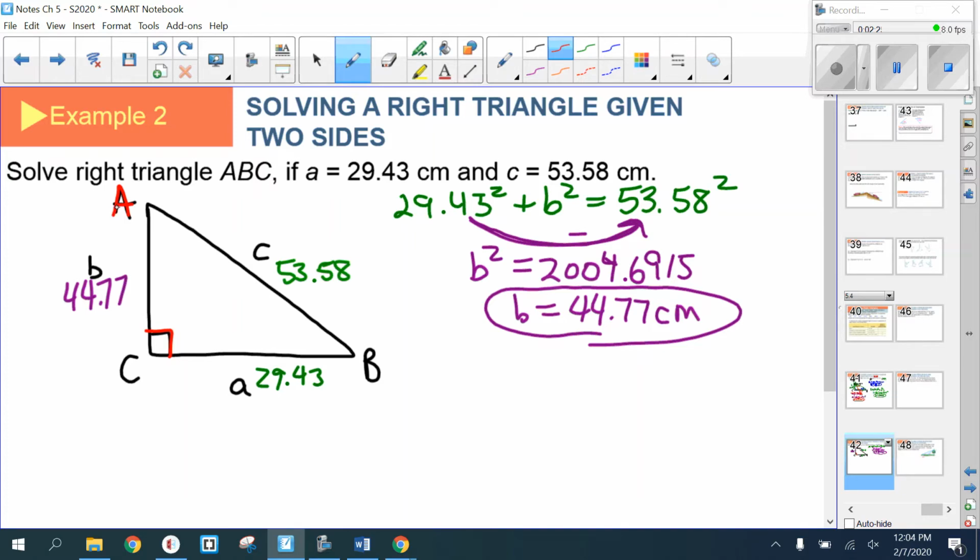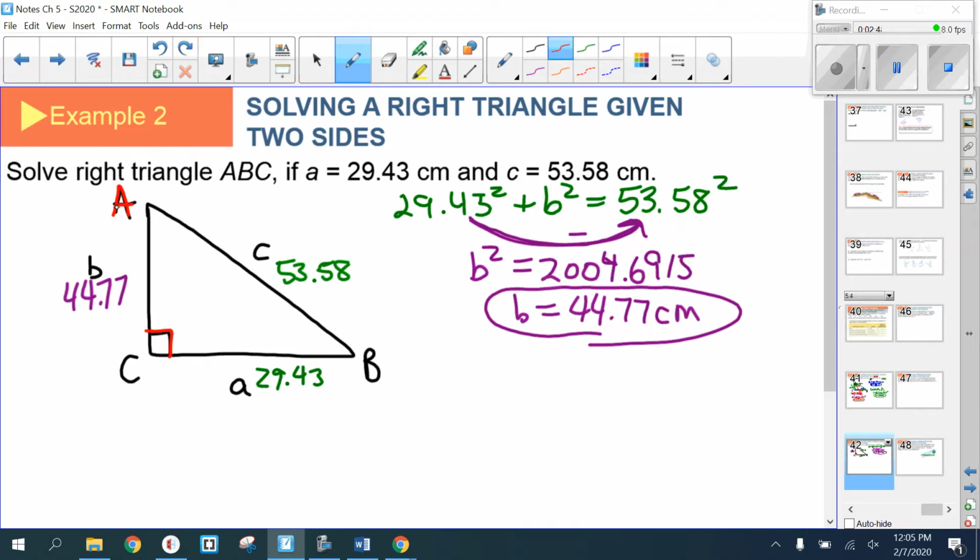Okay, so I would try to use the numbers that you were given in the problem, just in case I rounded off on my 44.77. If anything went wrong with 44.77, then everything after that is wrong. So I'm gonna try to use the green ones, 29.43 and 53.58.